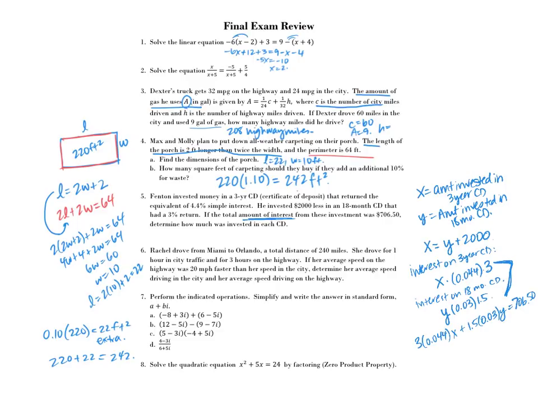Okay, and so now I have two equations, this equation and this equation. Okay, and I have two unknowns. So let's go over here to the other side and we can solve it.